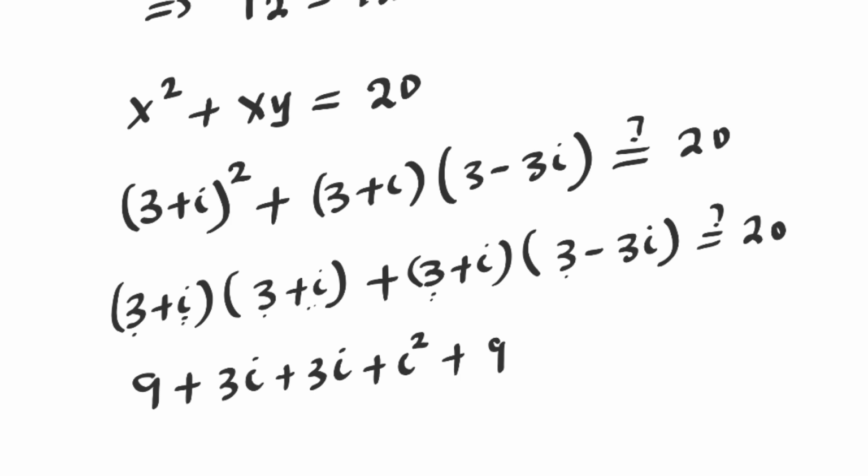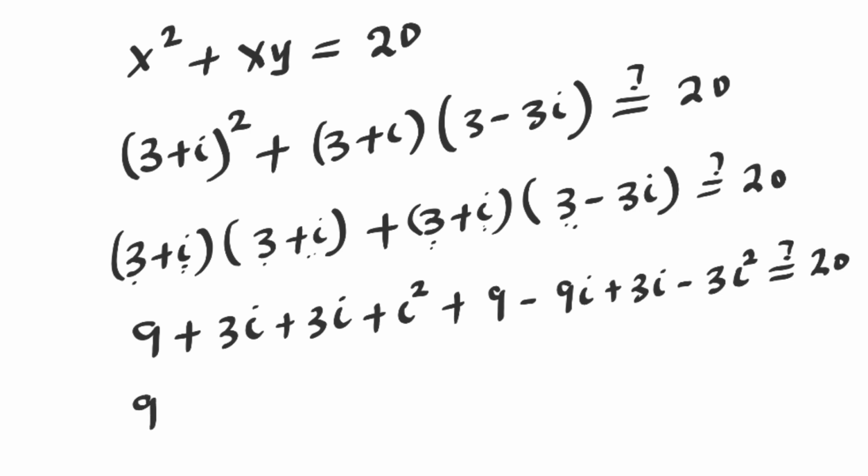Then 3 multiplied by minus 3i, that is minus 9i. Then i multiplied by 3, this is plus 3i. i multiplied by minus 3i, this is minus 3i squared, must be equal to 20.